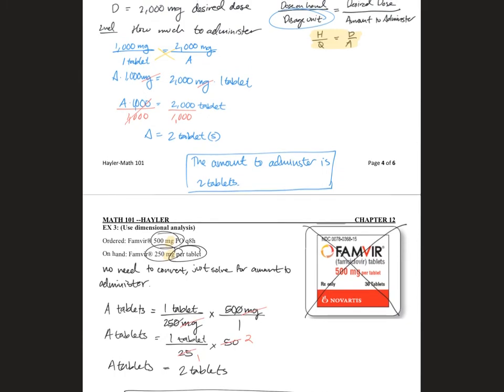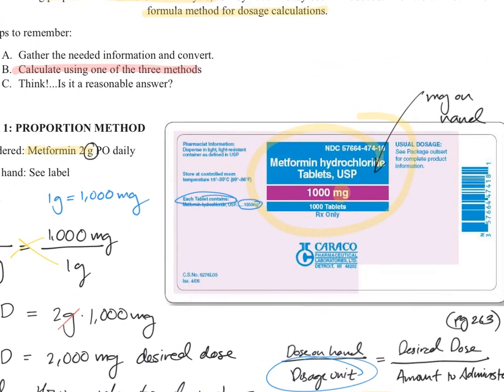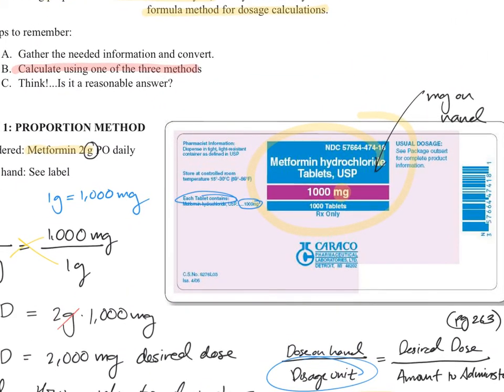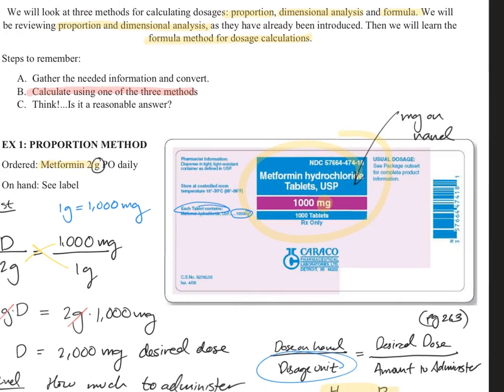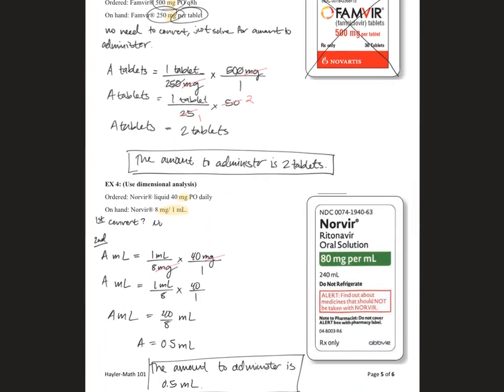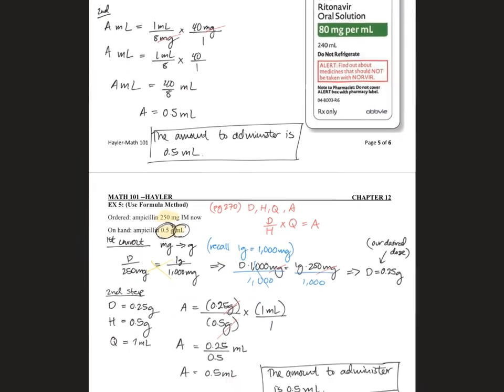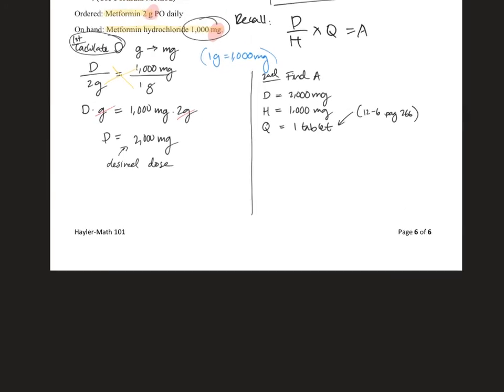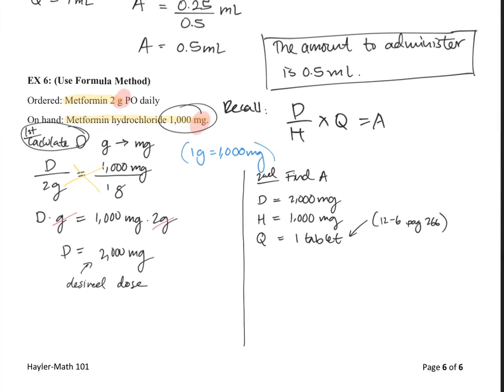Going all the way back, there we go, right here. It is per tablet, 1,000 per tablet. So that's the dosage unit we're getting for our next problem. Sorry, I should have copied that back down, but if you're printing this out, I was trying to save some ink. Okay, so that's how we got the 1 tablet.